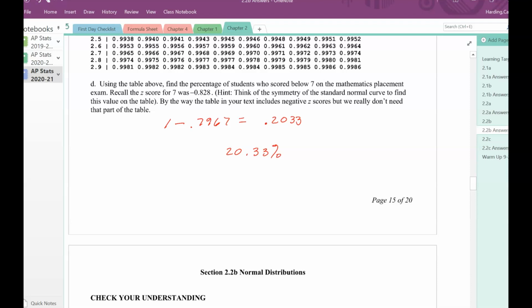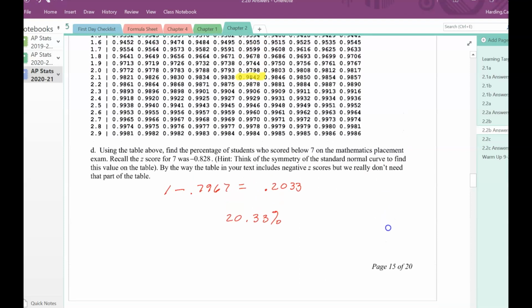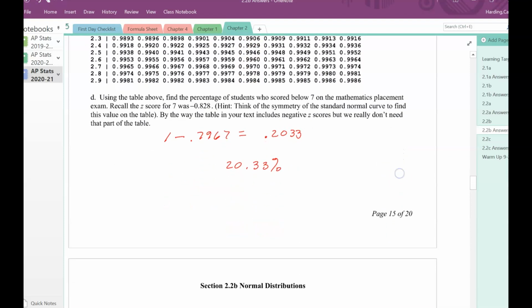But there's a couple of things to pay attention to. First of all, this is asking what percent scored above. Oh, I'm sorry, I'm completely getting ahead of myself here. When you're looking at this normal distribution table, a normal distribution is symmetric.